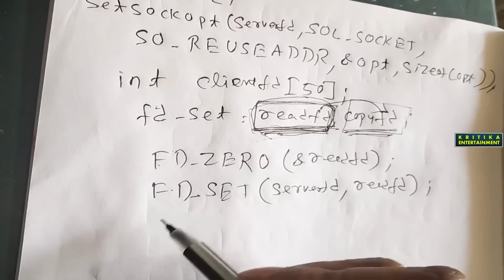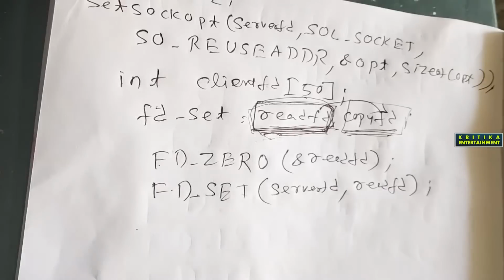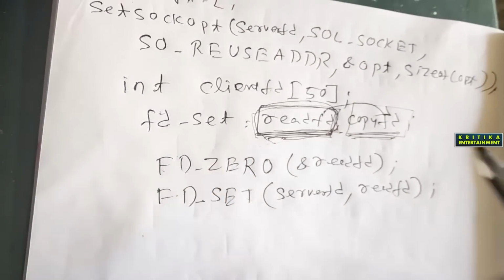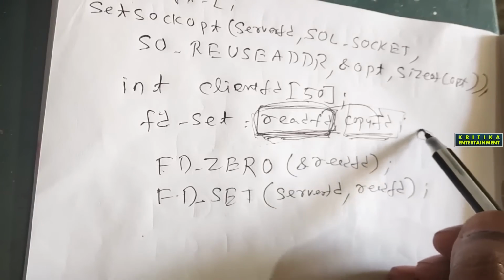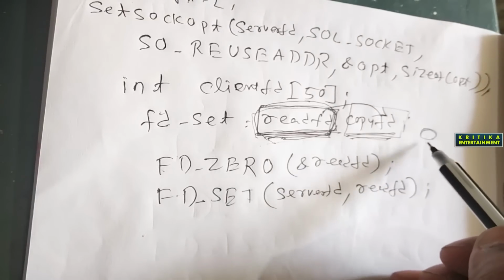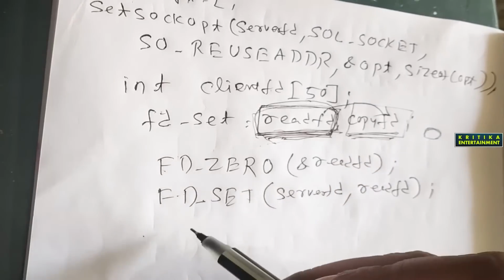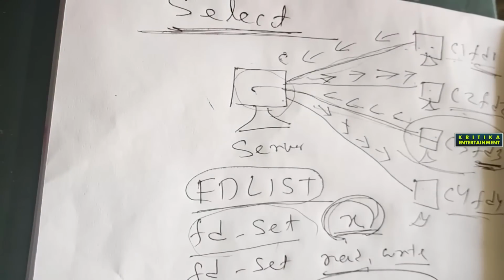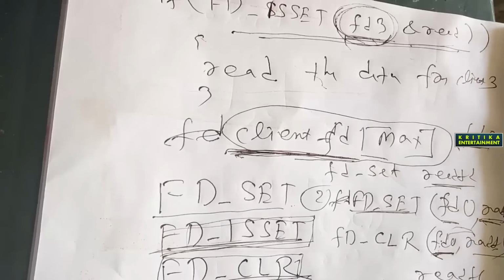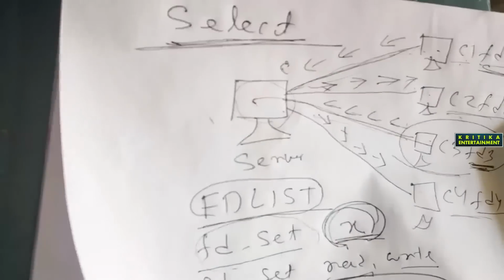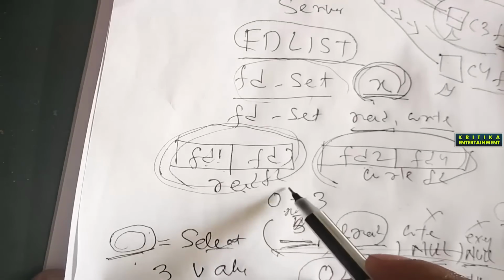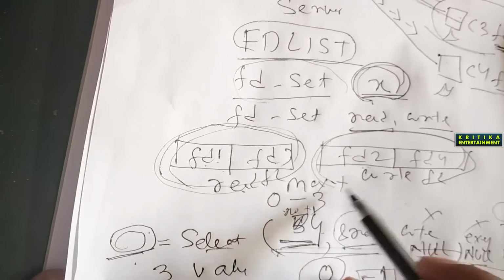Then in the select function, the leftmost parameter is the number of FDs, that means the maximum number of FDs. Let me show you in this page. In the select function you pass the maximum FD plus 1.